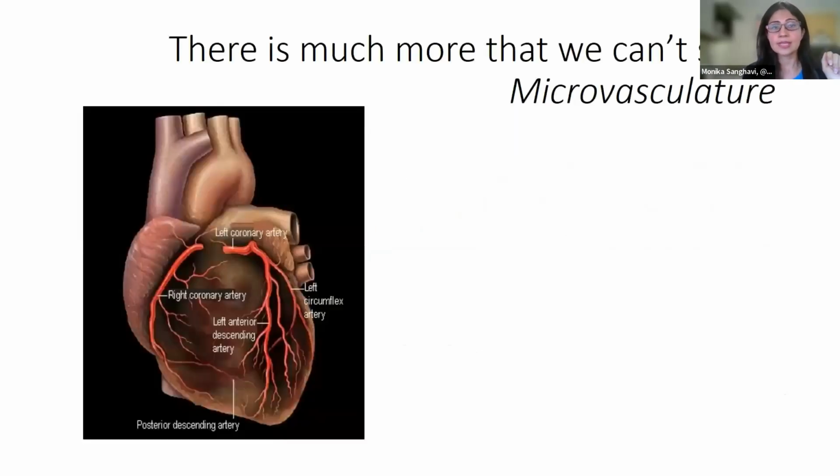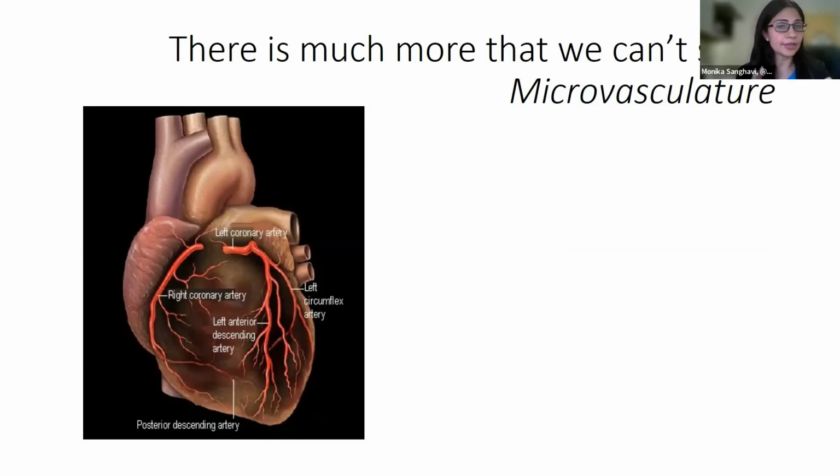So what's new? So I think a lot of that is known, what is new in terms of coronary heart disease? So I think of some of the newer things in terms of coronary heart disease is the understanding that there is much more that we can't see that really can influence blood flow to the heart. And what do I mean by that?